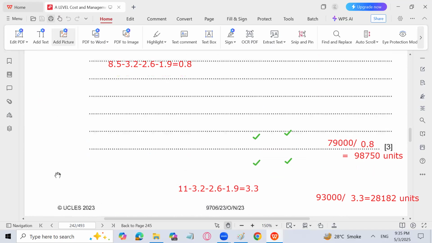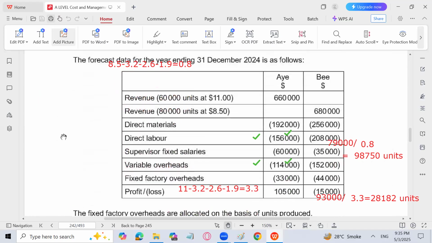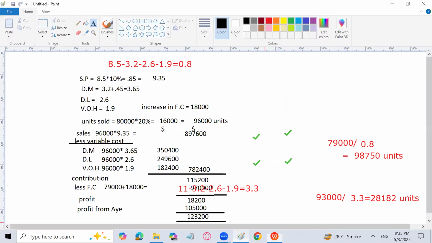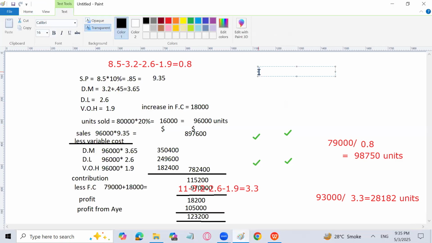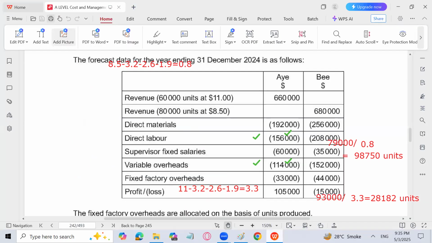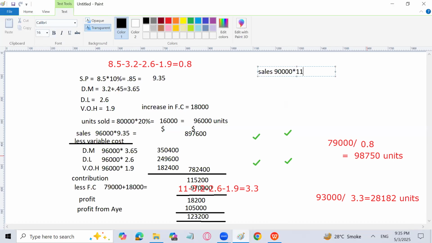So let's see how many units we are selling currently of I, that is 60,000. Now, 60,000 with a 50% increase will be 90,000, right? There is no change in selling price. I think selling price is 11. So let's see what is the amount of sales of I. We are not producing B anymore. B is no more a part of the game. So 90,000 into 11. Let's calculate it.